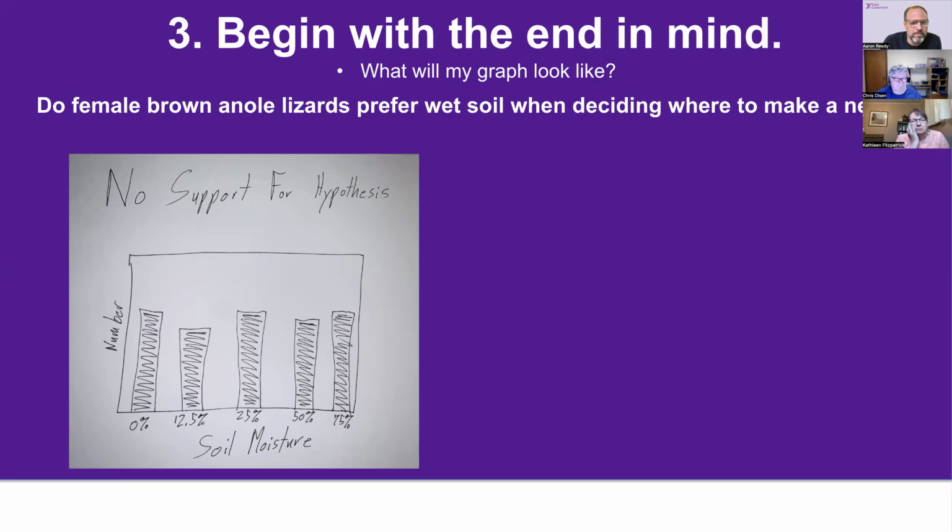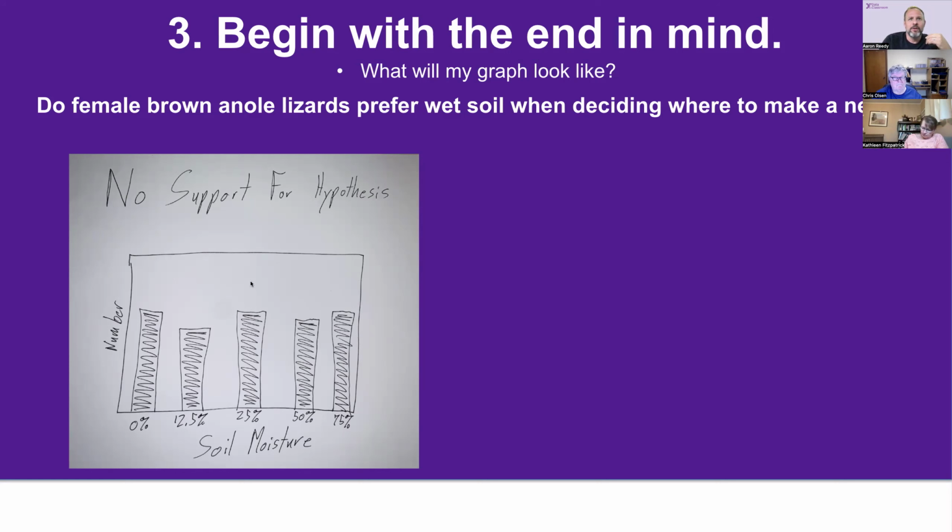You can see there's some variance, but there's no strong preference. Also note that for this exercise, the numbers are not necessarily important. At this point, you're just wanting to show me what the trends will look like, right?